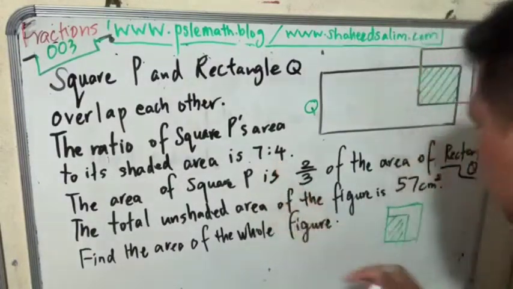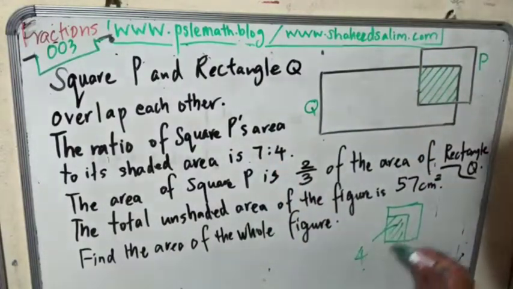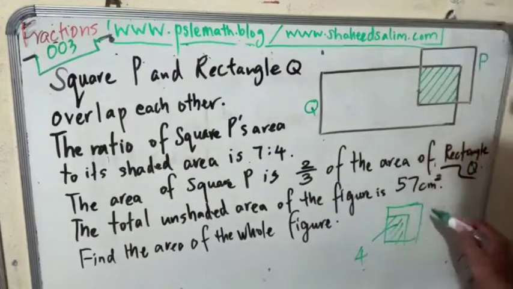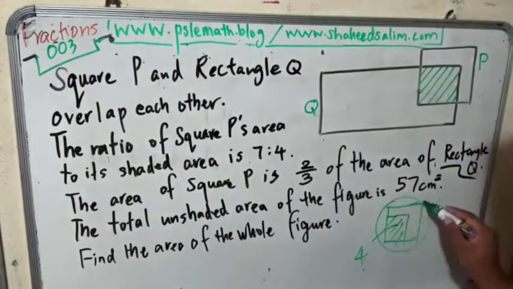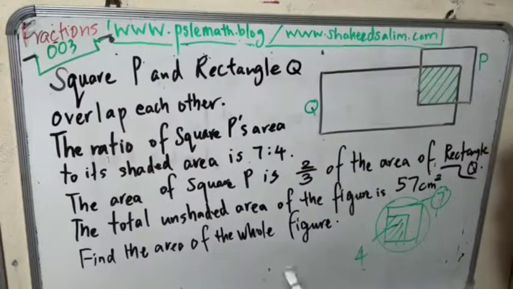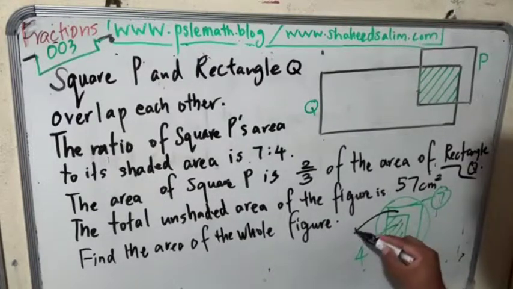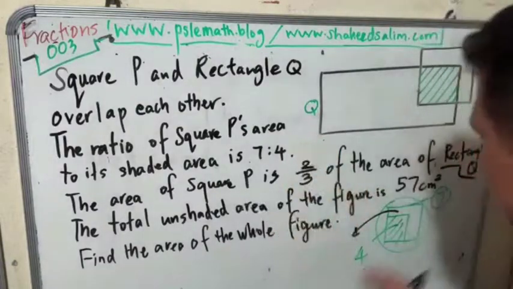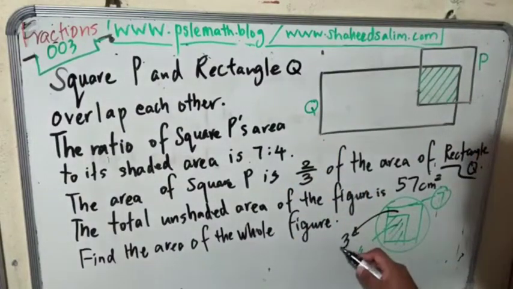The whole thing is 7. So the unshaded part down here has to be 3. 7 minus 4 equals 3.